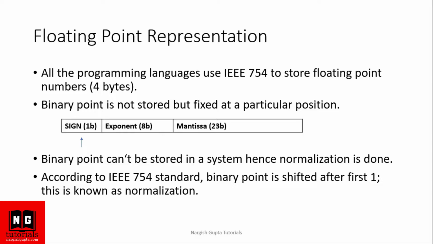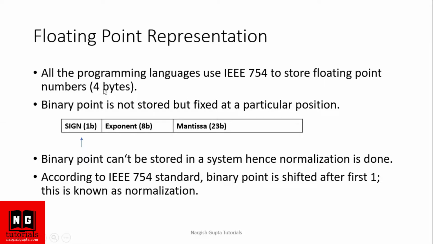We were given the number of integer bits plus decimal bits, and we were supposed to follow that convention only. But here in the floating point representation, the position of the decimal point will not be fixed. So let's see how we do that.